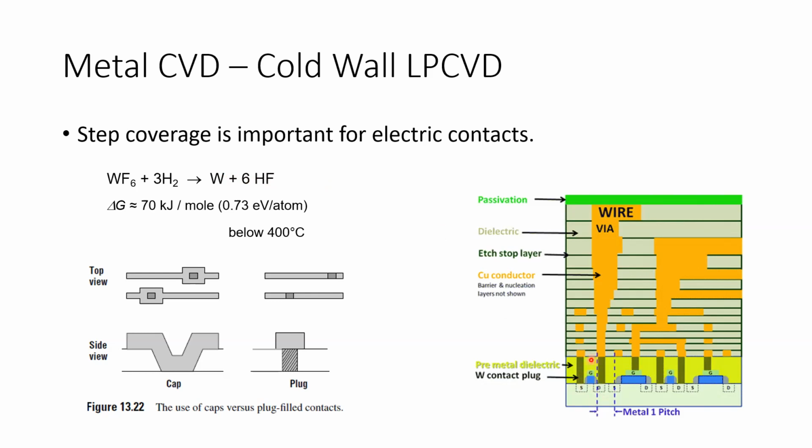So here we show the tungsten contact plug. After we deposit pre-metal dielectric like silicon dioxide using APCVD, and then we pattern this PMD, we deposit this metal tungsten by using the LPCVD method.